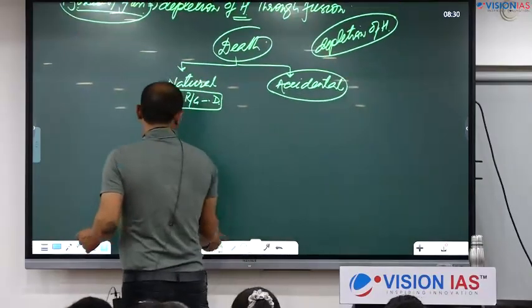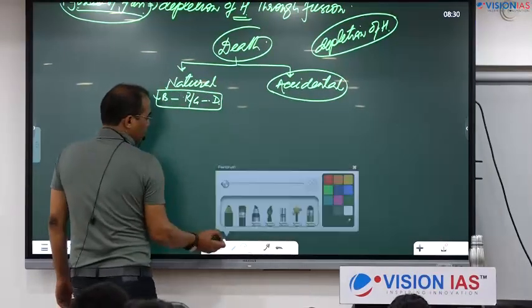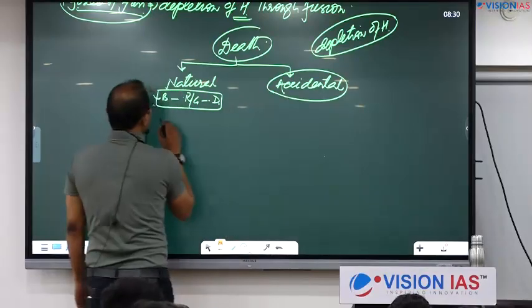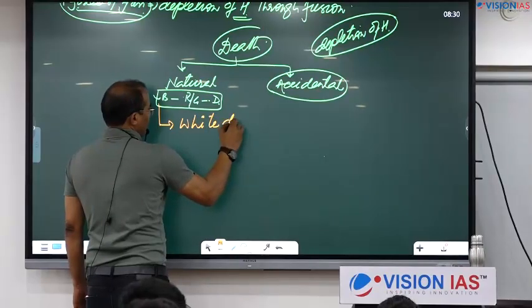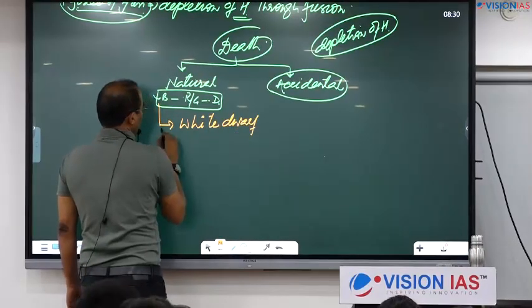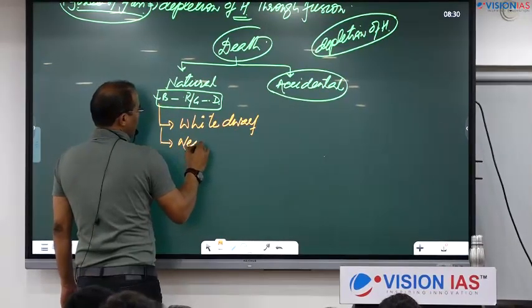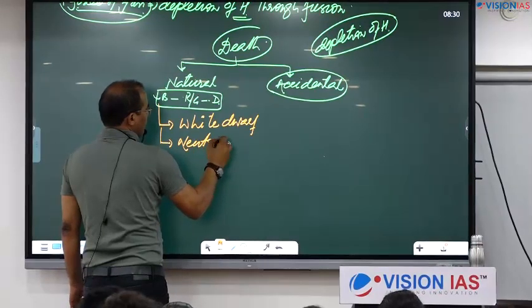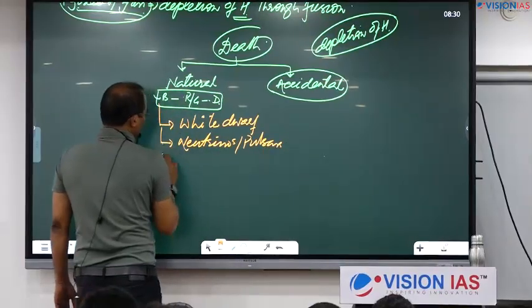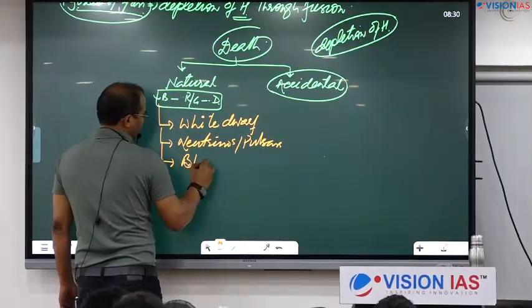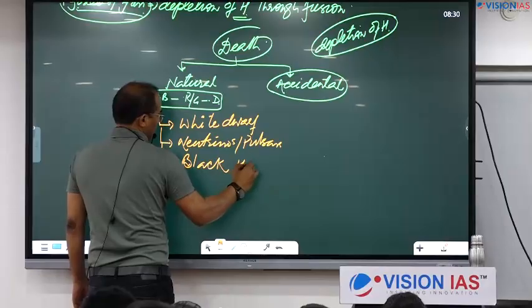In the natural process, when a star dies, they are put into three categories depending upon their density: white dwarf, neutron stars or pulsars, and black hole.